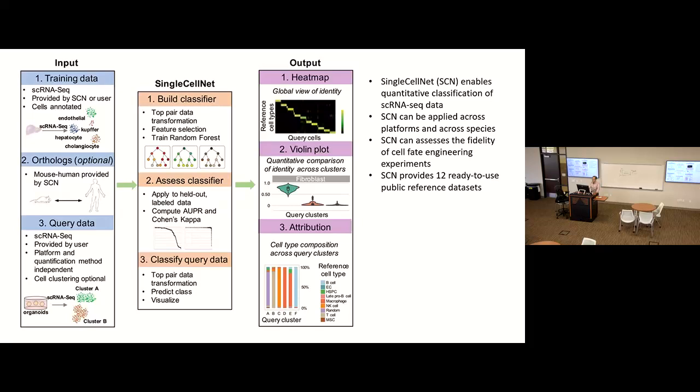This is a different package. They also consider different species. They cluster the cells and build a classifier. They use a random forest model.